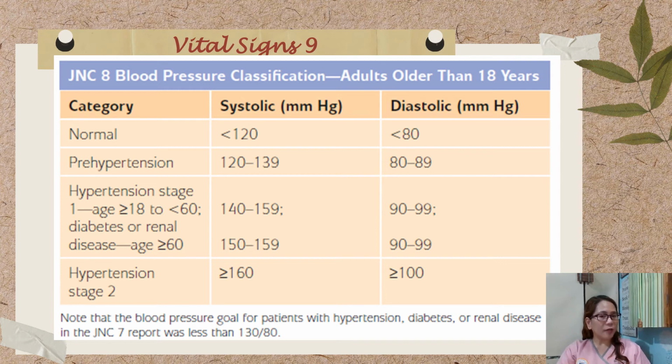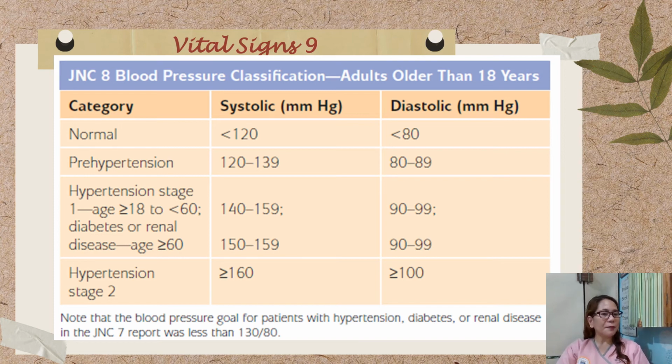Okay, for normal, you have the systolic of less than 120 millimeter of mercury, and a diastole of less than 80 millimeter of mercury. For prehypertension, okay, the systole ranges from 120 to 139. For diastole, it ranges from 80 to 89.